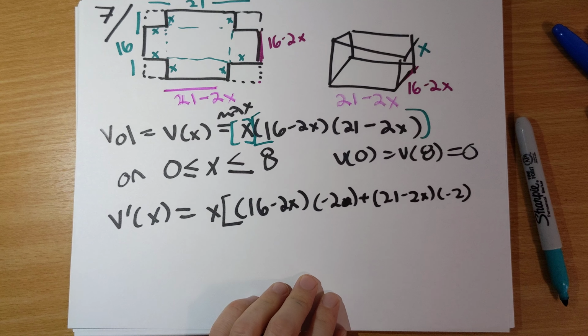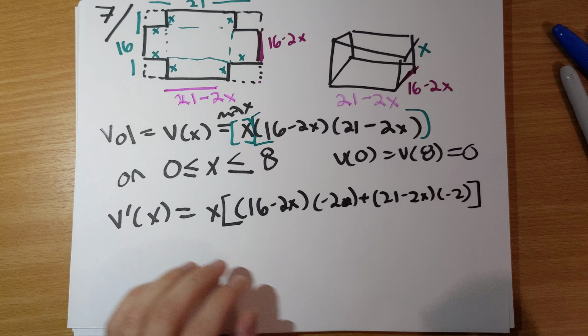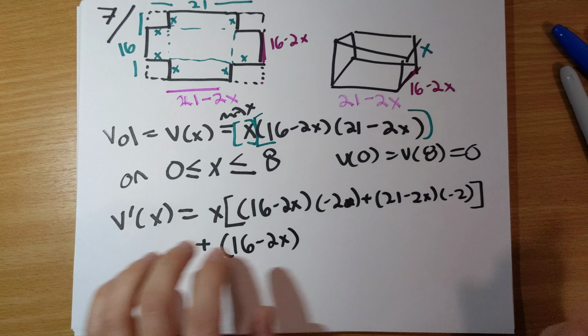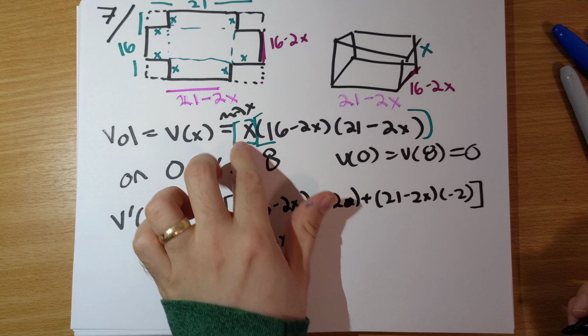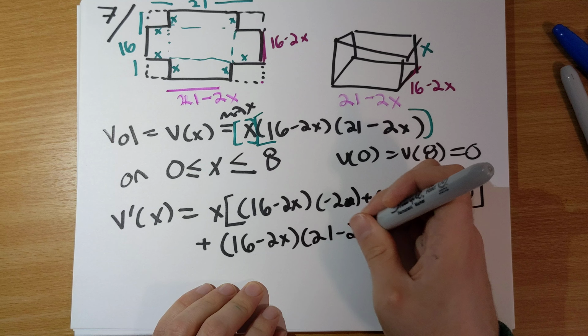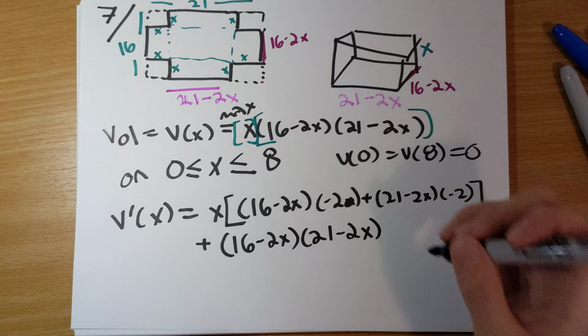Oops, that shouldn't have been a negative 2x. That should have just been a negative 2. Plus 16 minus 2x times 21 minus 2x times the derivative of x, which is just 1.